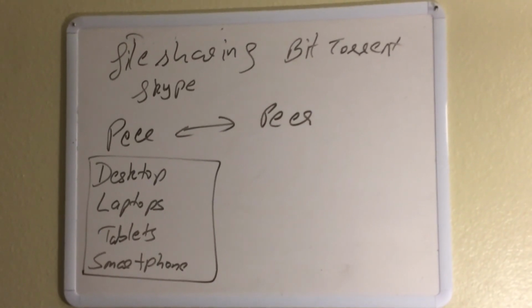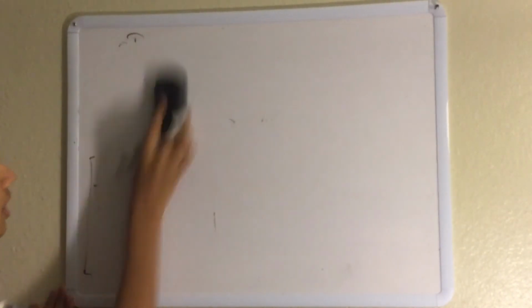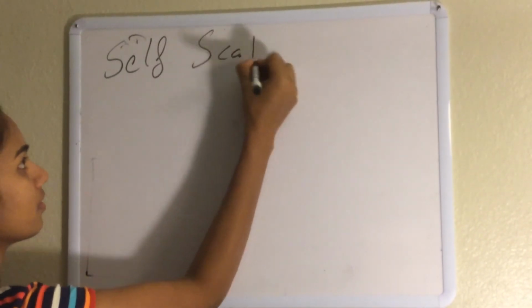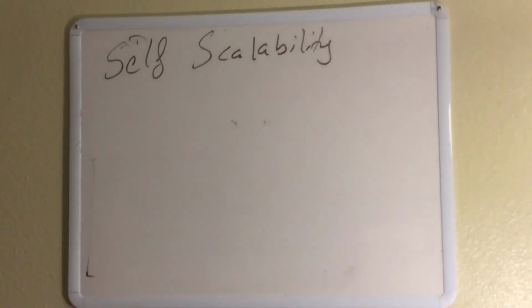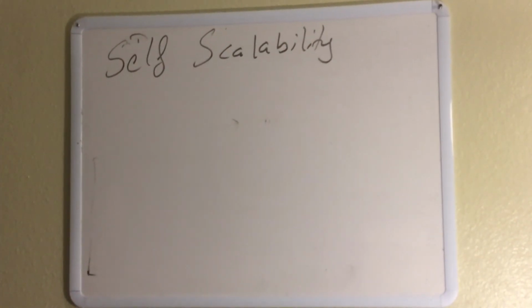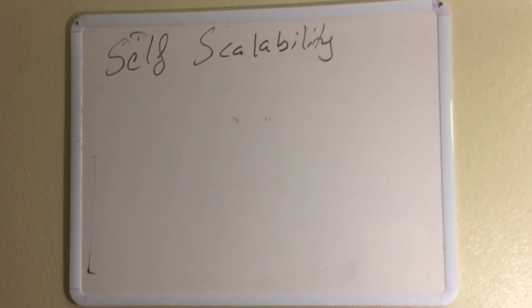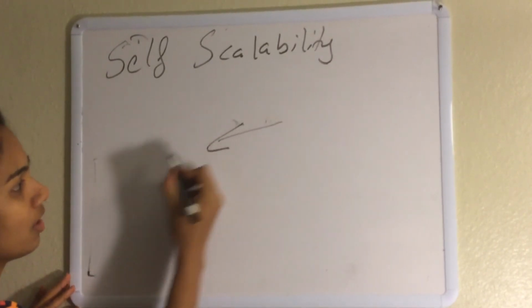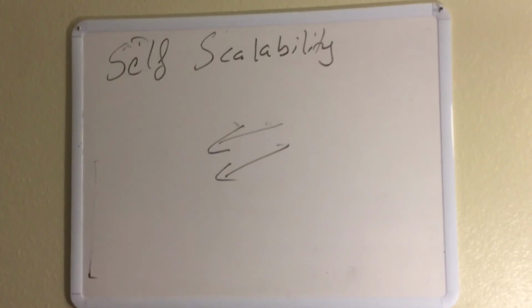The main feature of P2P architectures is self-scalability. By self-scalability, we mean that peers generally request a file, and other peers give them the file, so it is scalable.